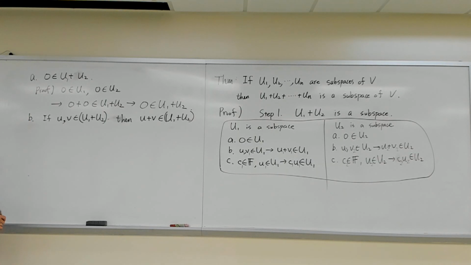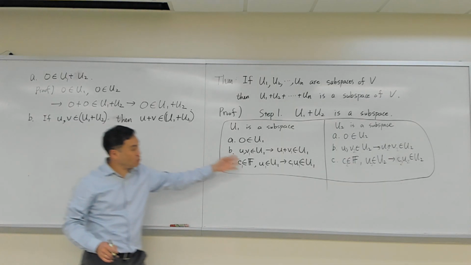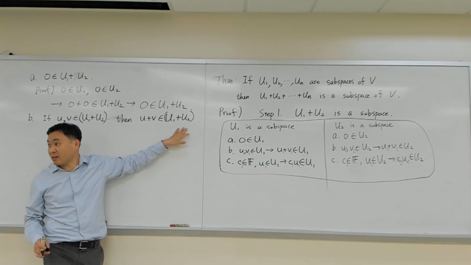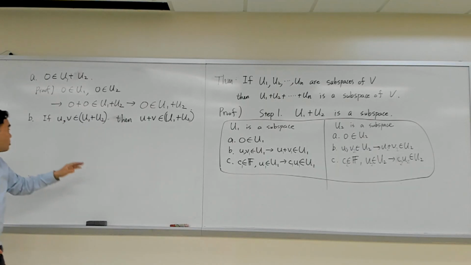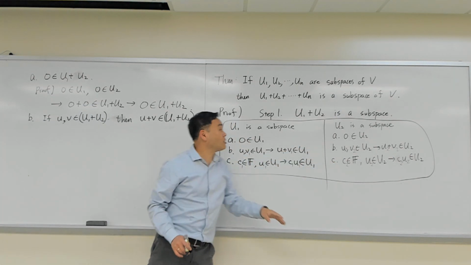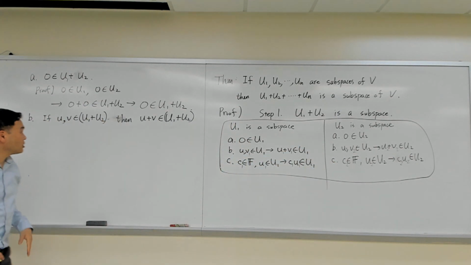Now, this is a bit different. Here, you just had a statement to prove, but here you're given an additional assumption, and under this assumption with these two, you have to prove this final thing. You see that? Okay. You have to show under this condition and these two, you have to show this final thing. All right, so let's do that.